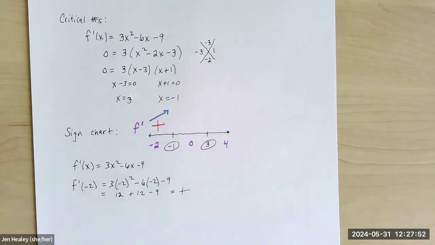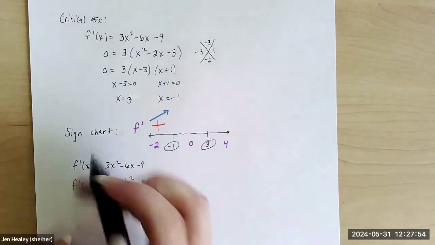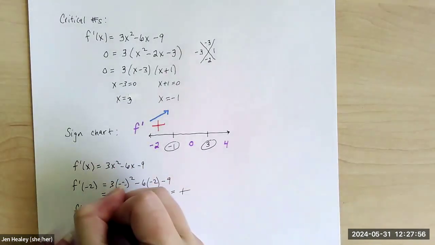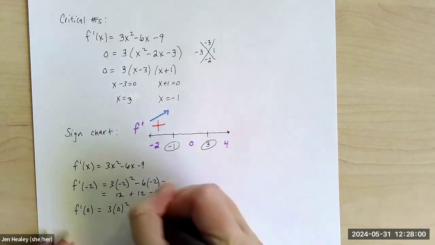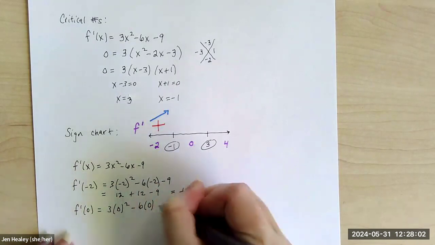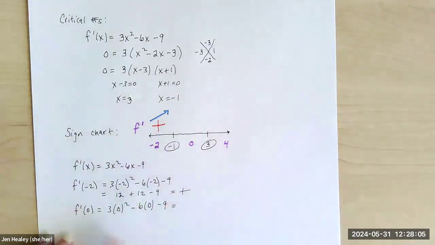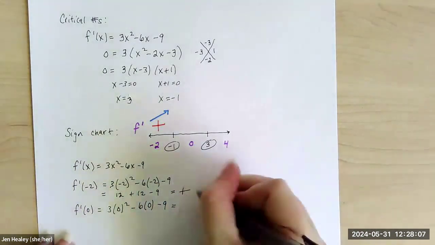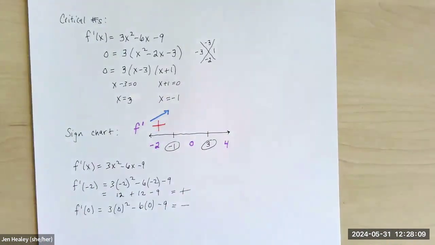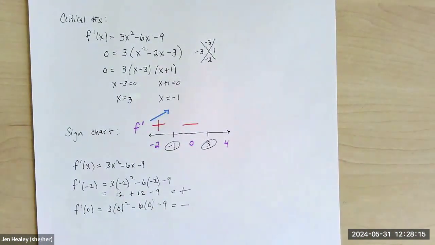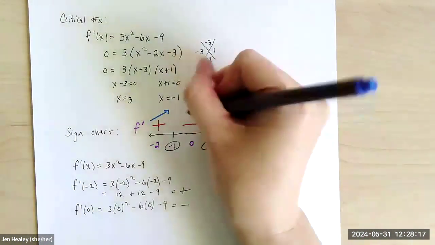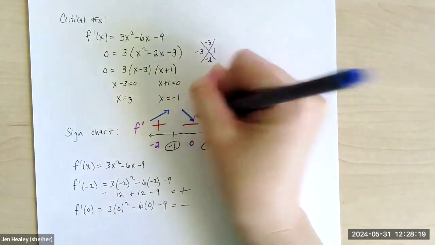Now I'm going to plug in 0. And so negative 9 will pop out. I really just care that it's negative in that region. So if my slopes are negative in that region, that means my function is decreasing.